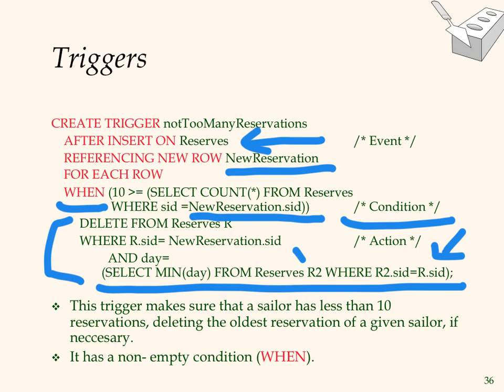I'm not saying it's simple, but you should be getting used to this. So this condition day will now be the oldest reservation of the sailor in new reservation.sid. Okay. That's, again, you should understand that, but that's actually right now not so important for triggers. The important thing is that when the sailor has made too many reservations, this trigger will take some action.